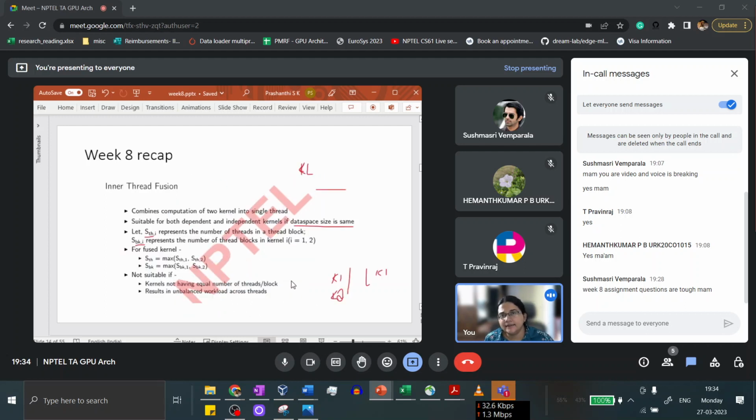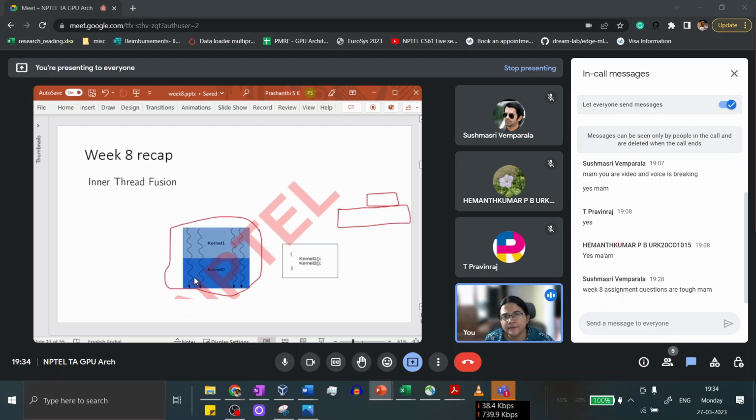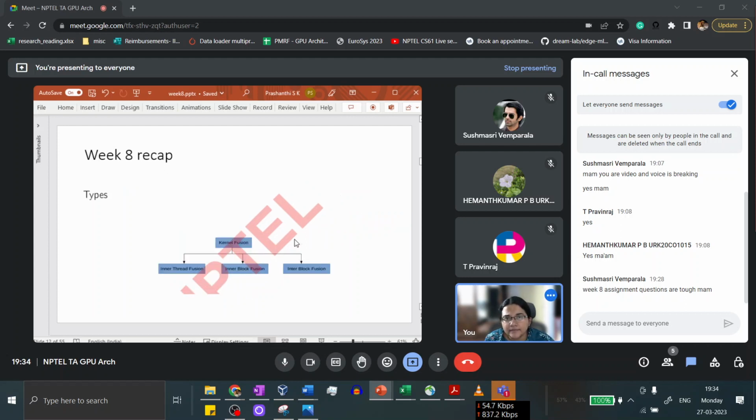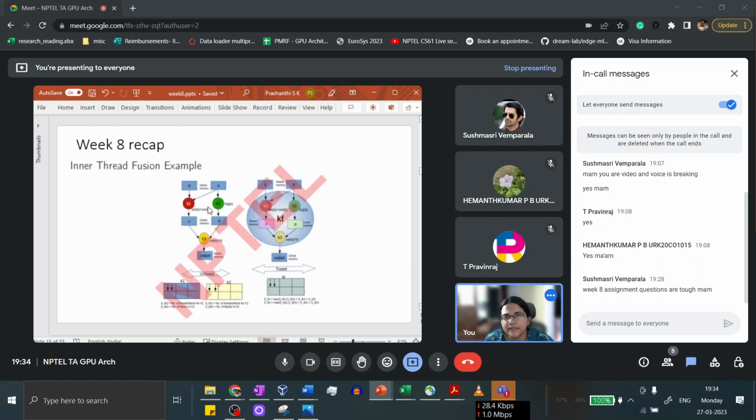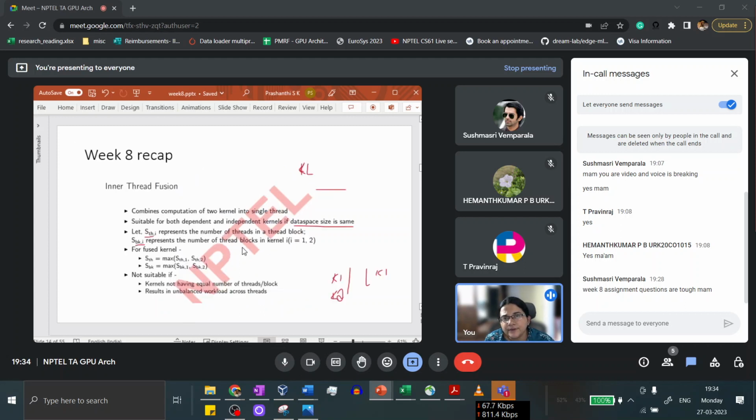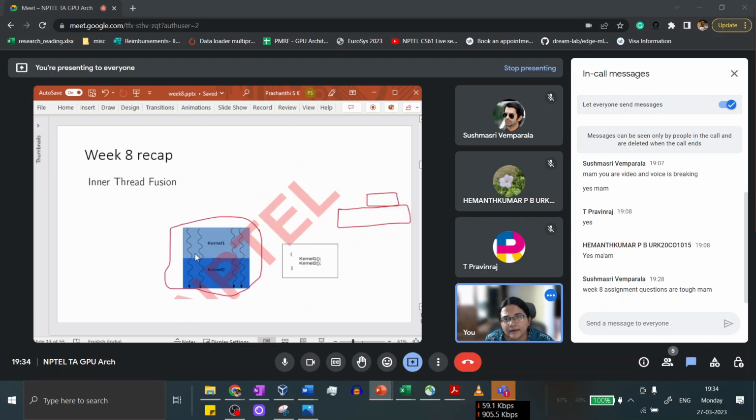Now think about this. You had this inner thread fusion where you do something like this, right? But going back to this simple example, K1 and K2 were not at all dependent. They are two independent kernels. So do you have to wait for a thread to finish kernel 1's activity to then go to kernel 2?